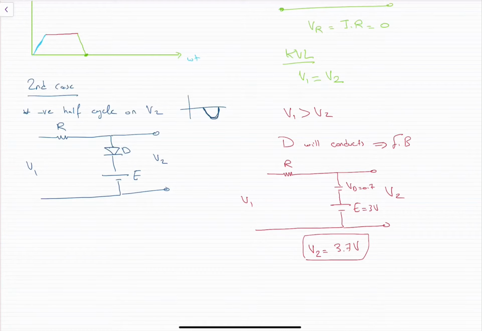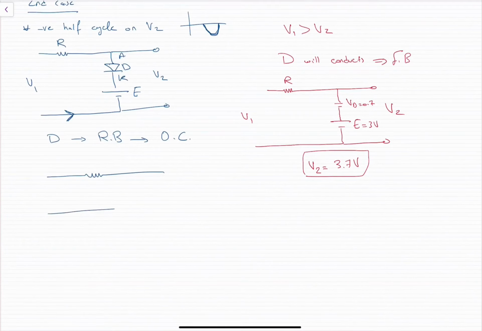So the current will flow from the opposite side, from here, but the current will not be able to flow in the circuit because the diode will be acting as an open circuit. Since the cathode voltage is greater than the anode voltage, the diode will be operating in the reverse bias, so it will act as an open circuit.